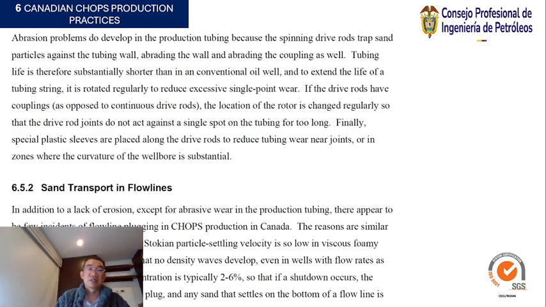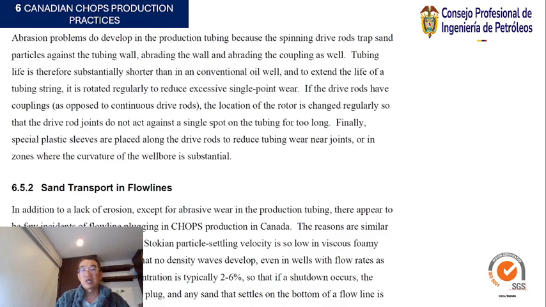Tubing life is therefore substantially shorter than in a conventional oil well, and to extend the life of a tubing string, it is rotated regularly to reduce excessive single-point wear.